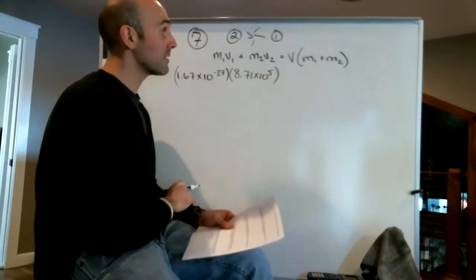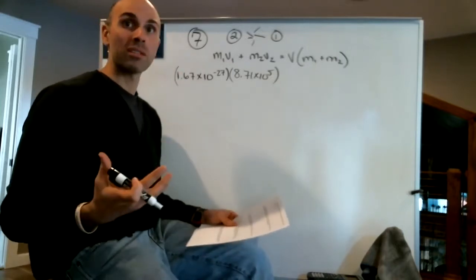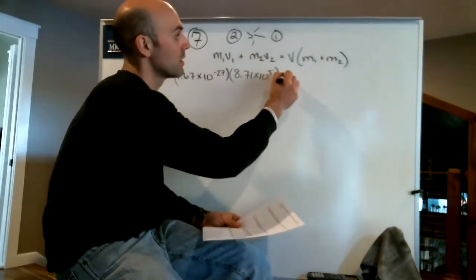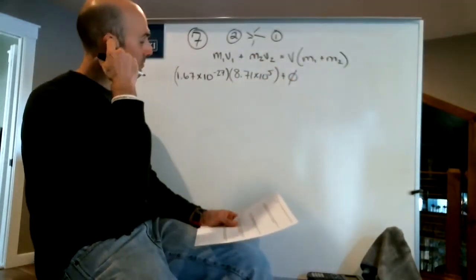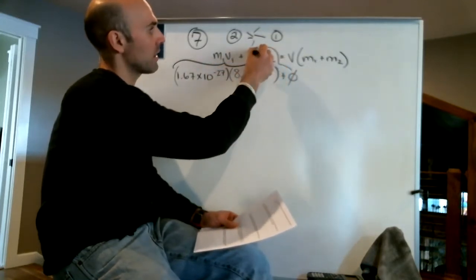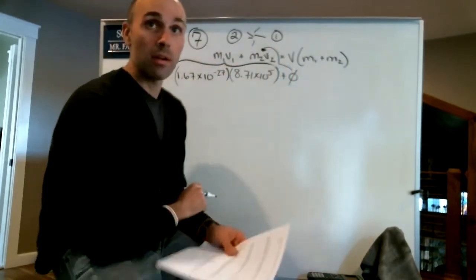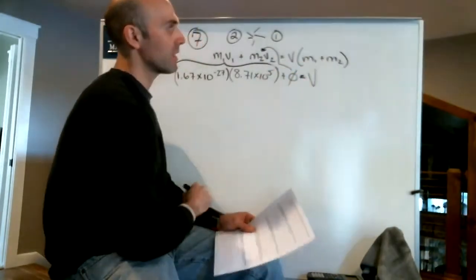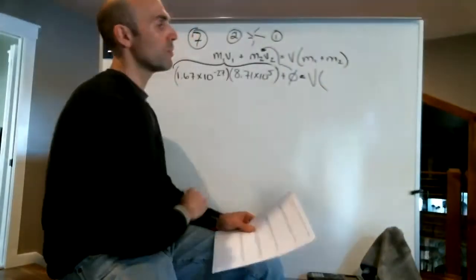The second proton is stationary, so no matter what its mass is, we don't care because its velocity is 0. So that whole term just drops out. Equals, we're looking for the velocity, if they stick together, of the 2 masses.